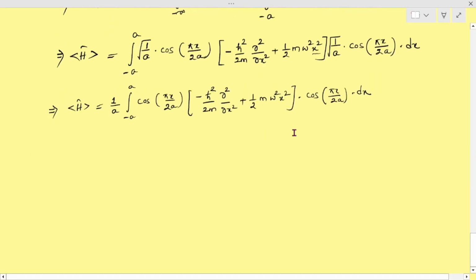Now here we can write it by two terms. This is your kinetic energy part, this is your potential energy part.